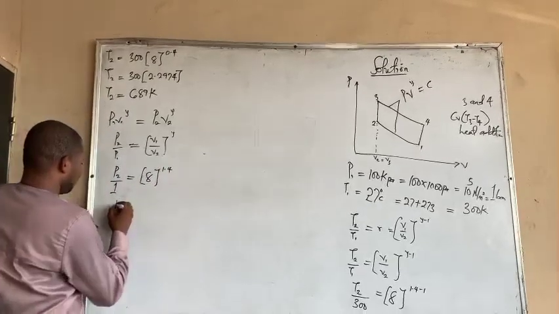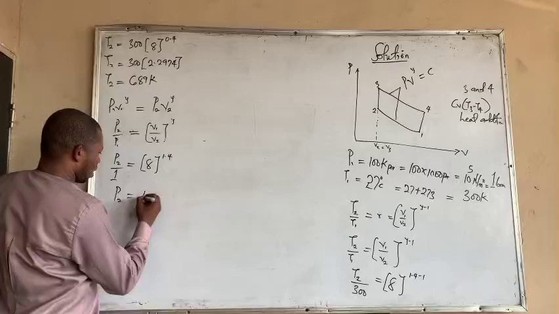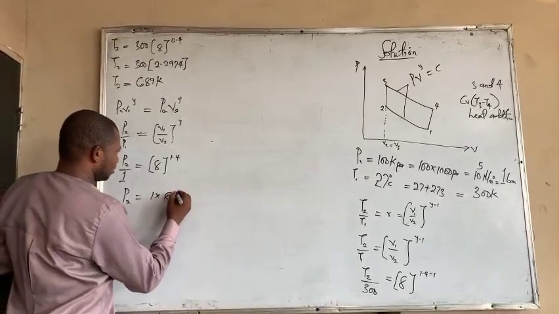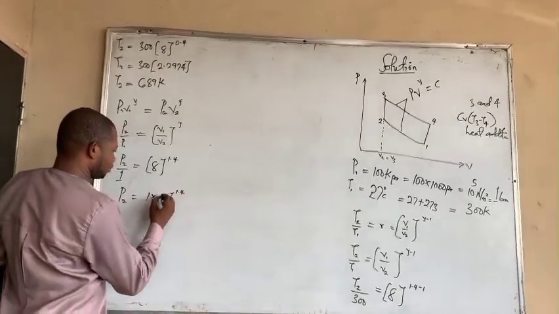Okay, so P2 becomes 1 times 8 raised to the power 1.4.